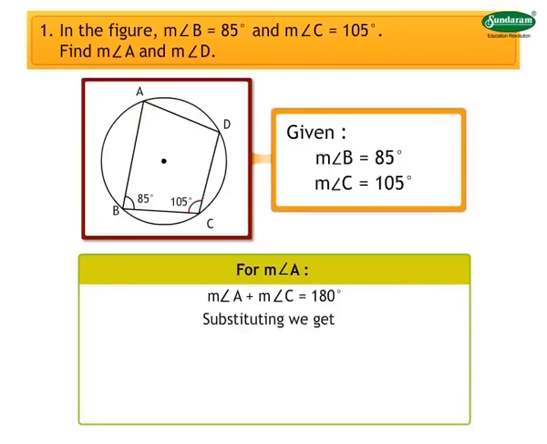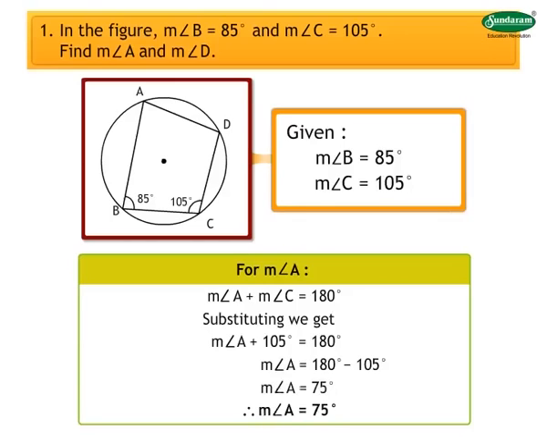Substituting, we get measure of angle A plus 105 degrees is equal to 180 degrees. Keeping measure of angle A on one side, measure of angle A is equal to 180 degrees minus 105 degrees, equal to 75 degrees. Therefore, measure of angle A is equal to 75 degrees.